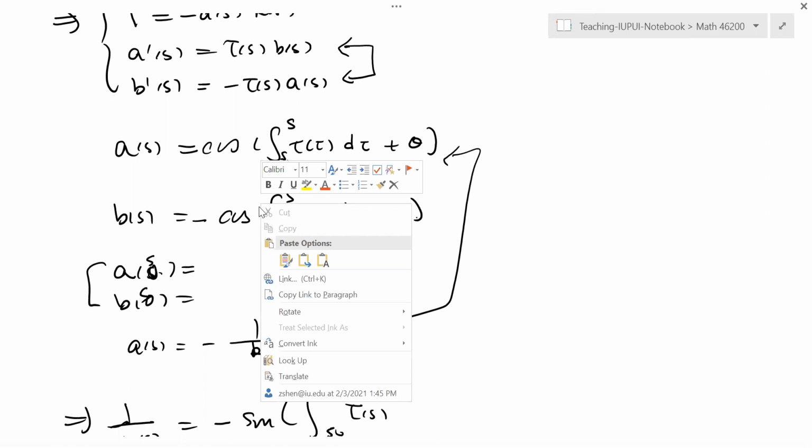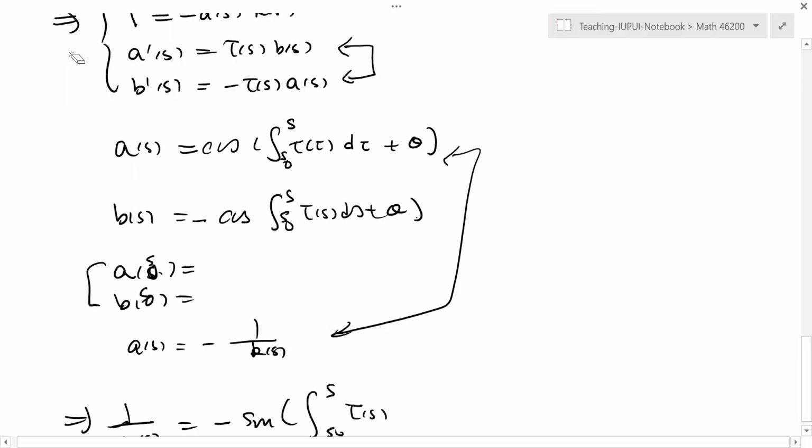Let's get back, because of the solution.